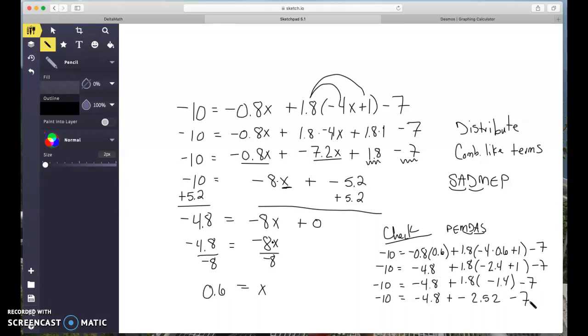Okay. All right, and so then hopefully when I add this all up, negative 4.8 plus negative 2.52 minus 7.